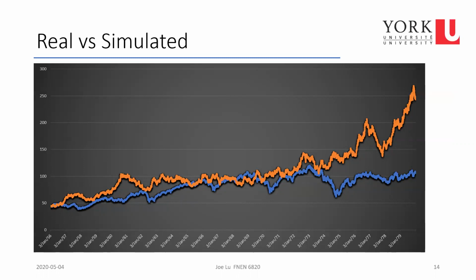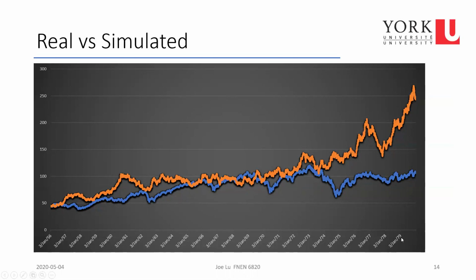Now, if you have a relatively good stochastic process for stock, that process shouldn't be easily distinguished from the real one. So, you may take a guess on which one is real, which one is simulated, and see whether you spot them. So here I've done it from 1956 to 1979.